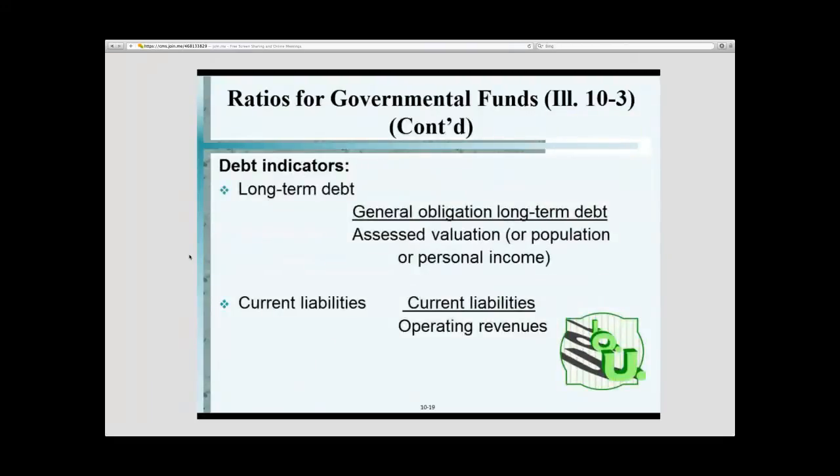Long-term debt, as opposed to assessed valuation. Do you want a lot of debt? Some people love it. I don't like it, both professionally and personally.